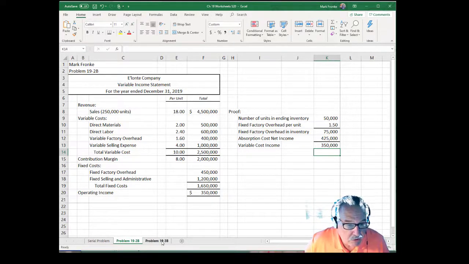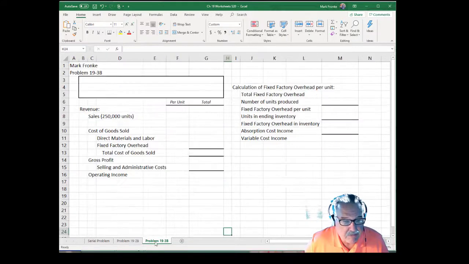So in problem 19.3b, that's the exact scenario they're talking about. They're not happy with what income is going to be, and so the controller says, well, if we just make more units, then our per unit cost is going to go down, and therefore we will generate more income.